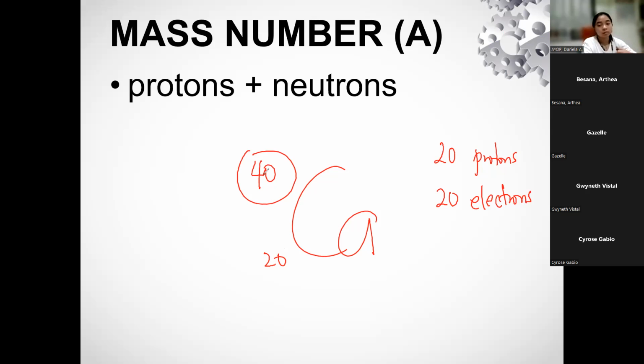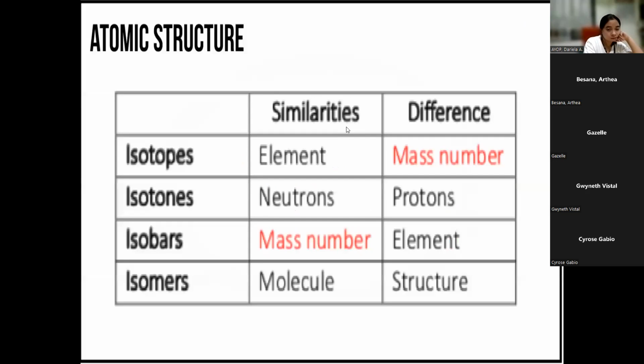We subtract, 40 minus 20. Atomic mass minus atomic number, that's how we get the number of neutrons. So in the case of calcium, we have the same numbers for all subatomic particles.